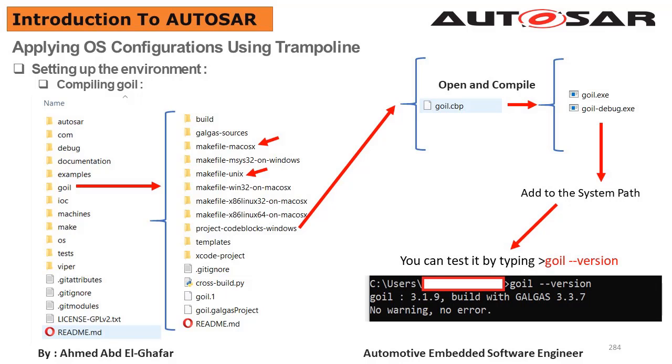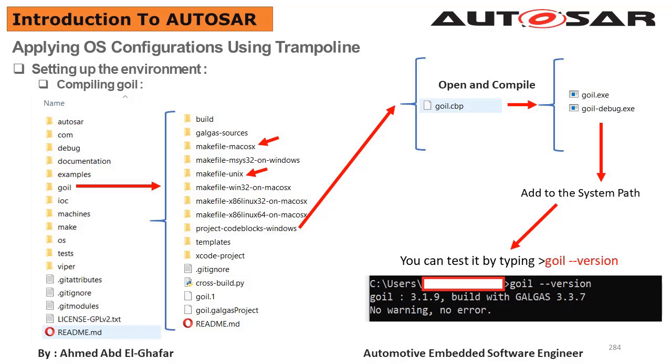After that, you need to add this executable to the system path, and you can test it by typing goil --version at your command line prompt. At the time of writing, the command should output 3.19, okay, and no warnings, no errors.